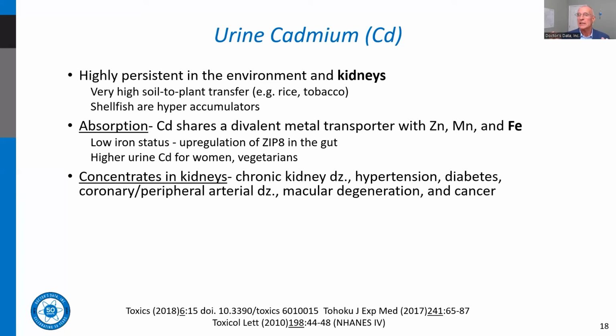So the body's saying, I need more iron, increase that transporter to get more iron through the GI tract. However, when there's not iron there, it readily binds and increases the absorption of cadmium. So we just see across the board higher urine cadmium for women, particularly of childbearing years, and also for vegetarians. And again, that relates to iron status. We'll talk more about that in a second.